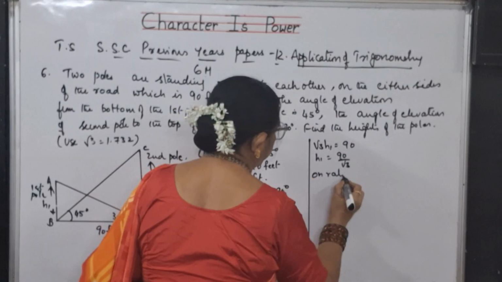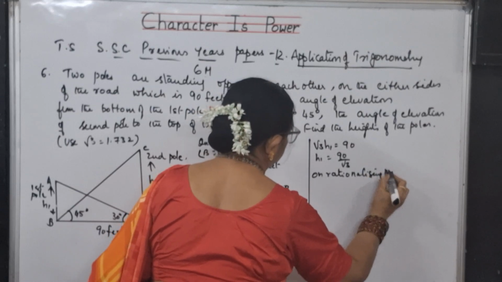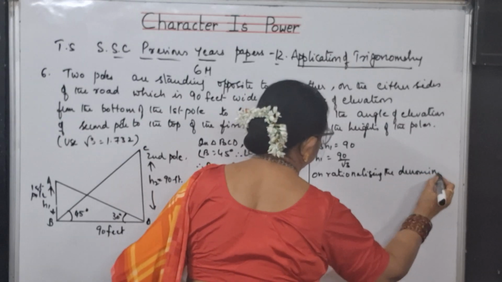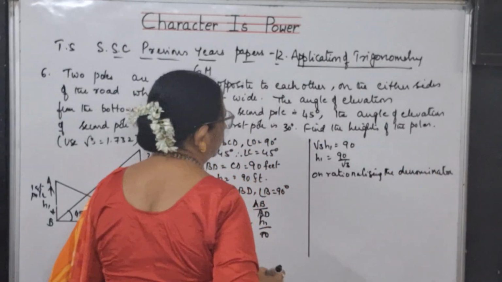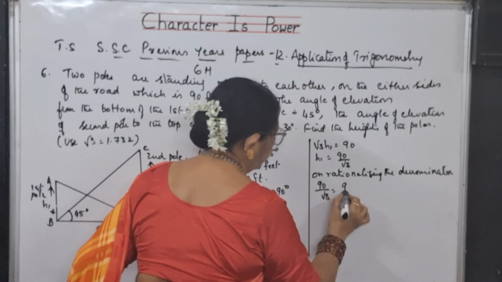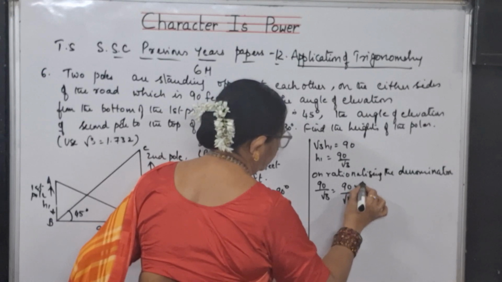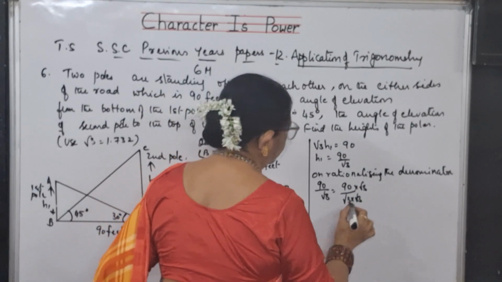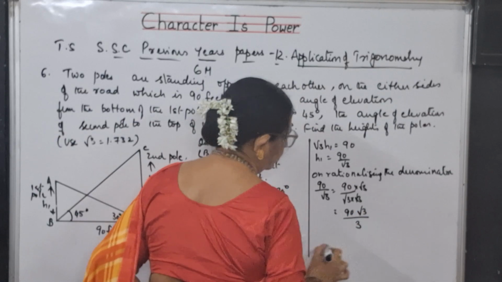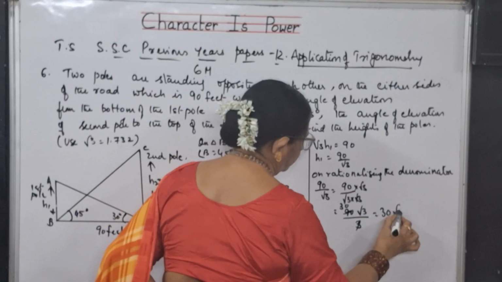On rationalizing the denominator, 90 by root 3 can be written as 90 by root 3 into root 3 by root 3. This you will be getting as 90 root 3 by 3, which is 30 root 3.